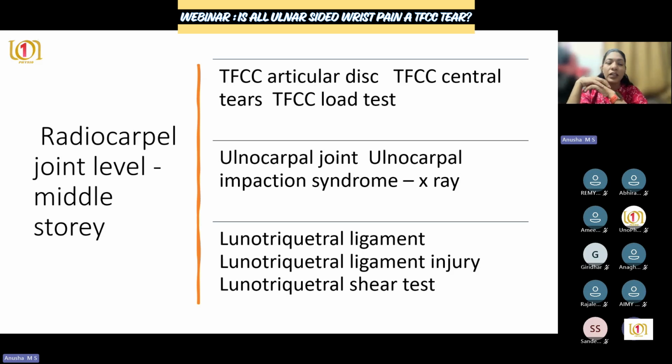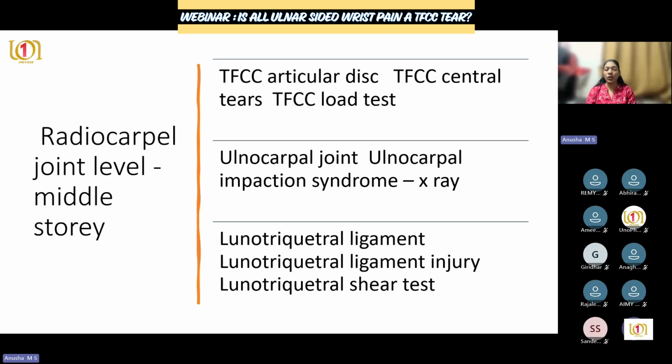Then the third structure is the lunotriquetral ligament. Lunate, we already discussed. Lunate is the bone at the level of the mid-carpal, in line with the third metacarpal. So the lunate and the triquetrum, these two structures have a ligament in between, and if any injury to the lunotriquetral ligament happens, then we have to find it out through the lunotriquetral shear test, which is a very important test to check the issues in the middle story.